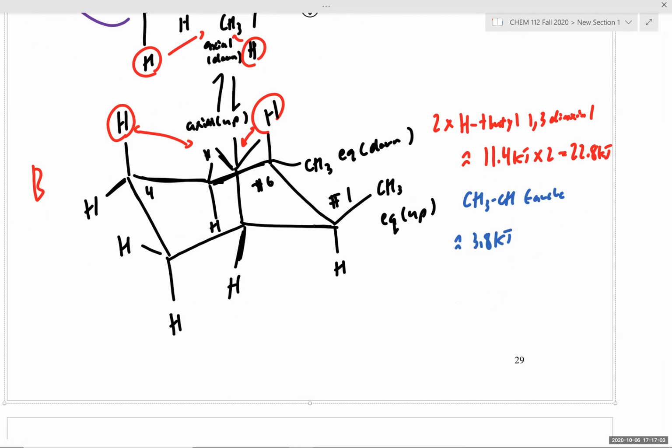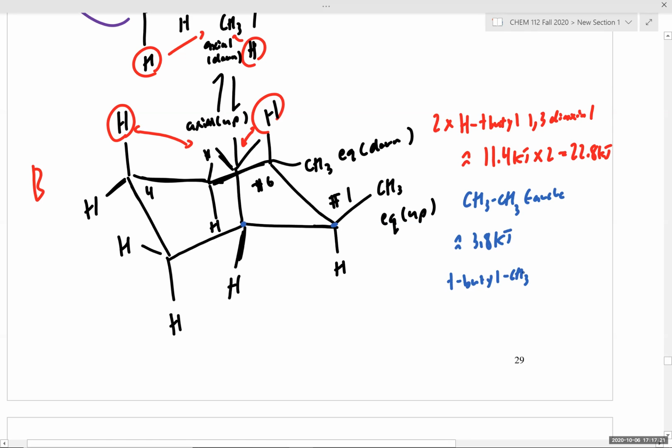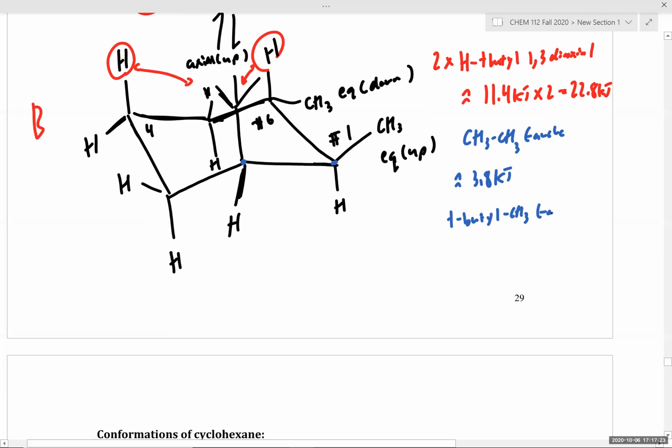Additionally, and this is a little bit hard to see, but if we take a look at these two structures, we see that we also have a T-butyl methyl gauche interaction. And that in turn costs us roughly 7 kilojoules.